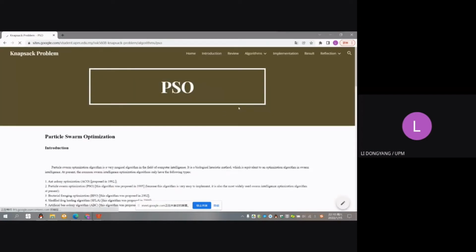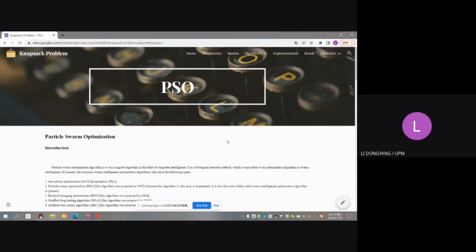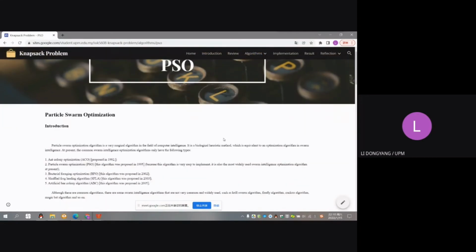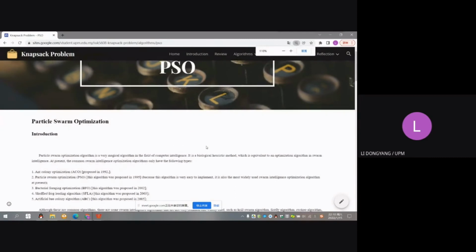And for particle swarm optimization. The particle swarm optimization algorithm is a very magical algorithm in the field of computational intelligence. It is a biologically heuristic method, which is equivalent to an optimization algorithm in swarm intelligence.